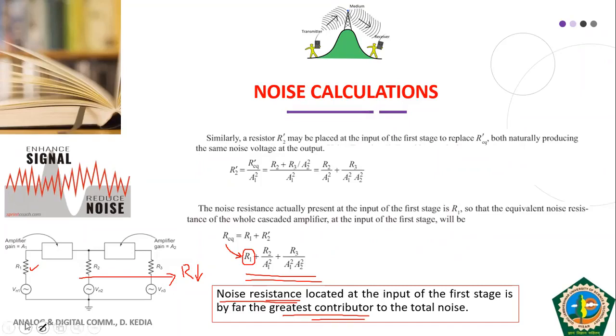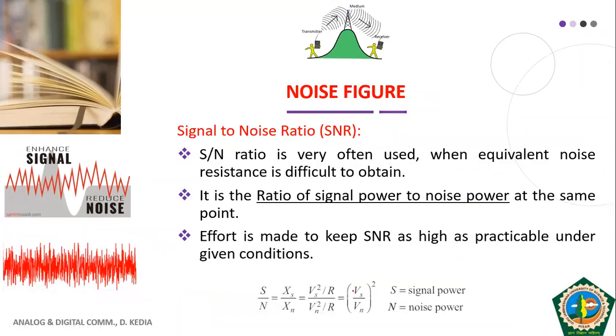Next. So next concept is noise figure. Before we move to noise figure, students, first we need to discuss signal to noise ratio, that is SNR. This signal to noise ratio is a very, very important thing in any communication system.